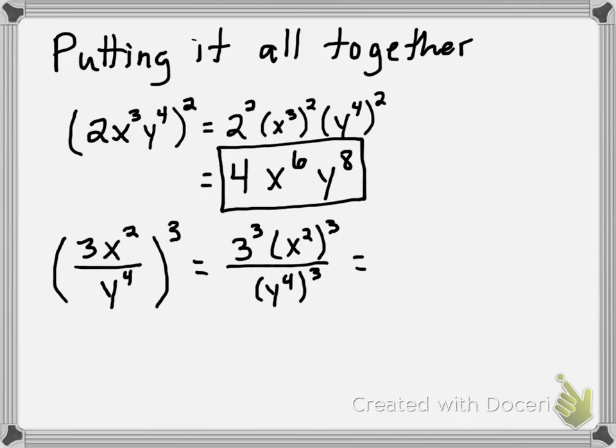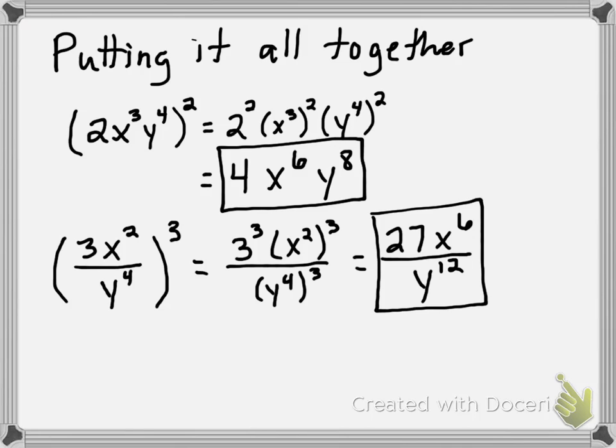I know that 3 to the 3rd, 3 times 3 times 3, is 27. Now I'm looking at my power to a power rule. 2 times 3 is 6. So x squared to the 3rd is x to the 6th. And then y to the 4th raised to the 3rd is 4 times 3 is 12. So y to the 12th. So that's my answer for that problem.